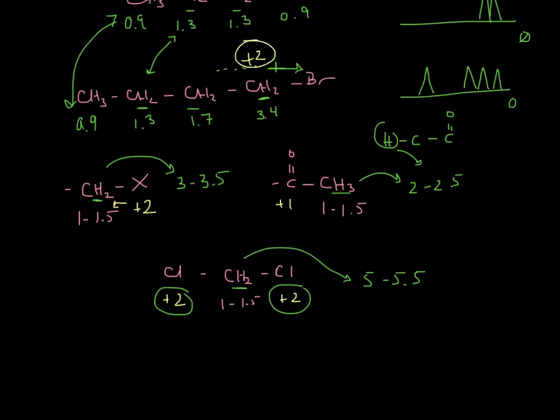This guy's experiencing about a quarter of that, or about a +0.5. So I would predict that this guy, instead of showing up between 1 and 1.5, which is normally where a CH is, it's between about 1.5 and 2, or half a point higher than normal.